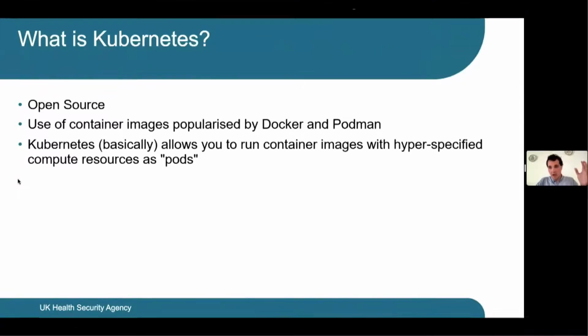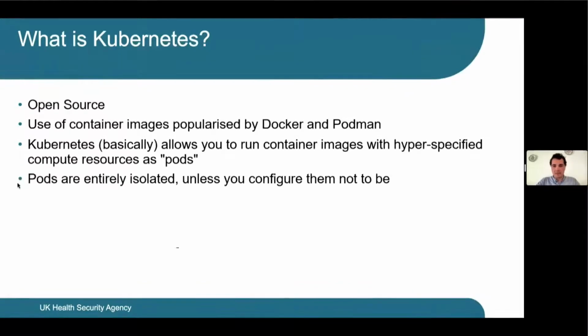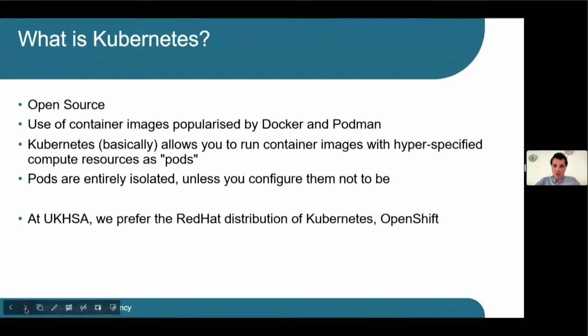But you specify your software, your operating system in your container image, and then you apply resources, your compute, your memory, your storage, in your pods, and run those together. Now, pods are entirely isolated, which is either very helpful or not helpful at all, in which case you can configure them to not be isolated from each other very specifically. But it provides that great deal of security and reassurance that your workloads can coexist in whatever environment that you have created.